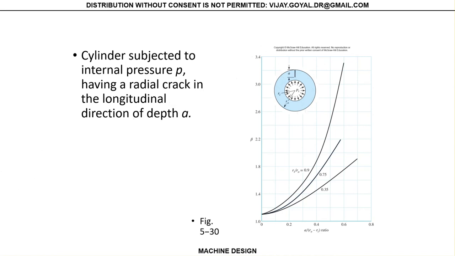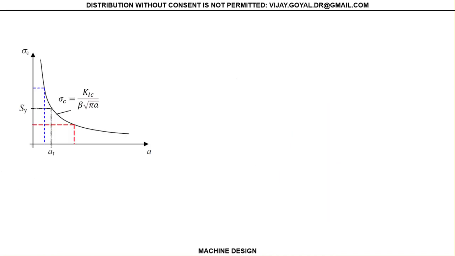Okay, so to better understand this, now there is a criteria in which we can determine, if there is a crack in the structure, is it going to fail due to yield, or is it going to fail due to fracture, okay, crack propagation? So we have a nice criteria that helps us to do that.